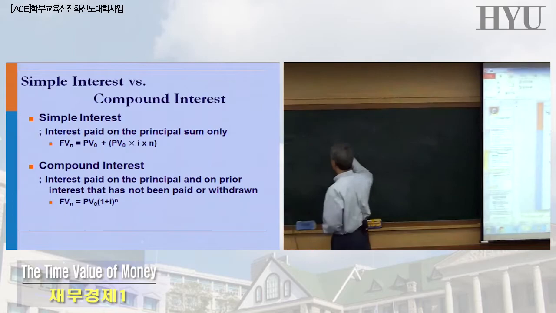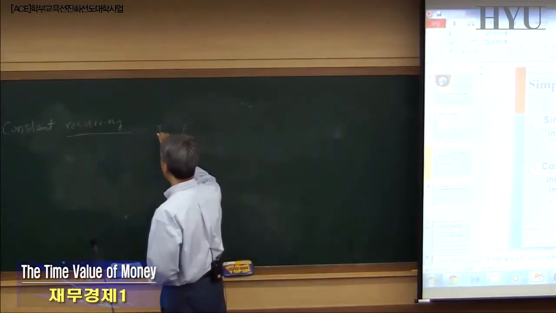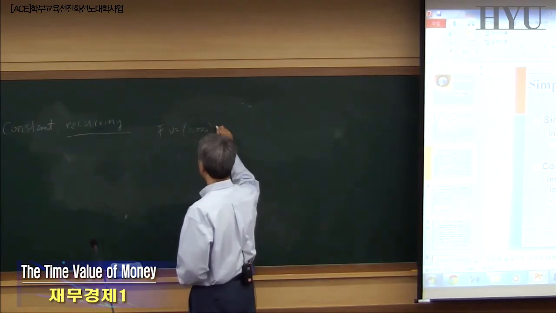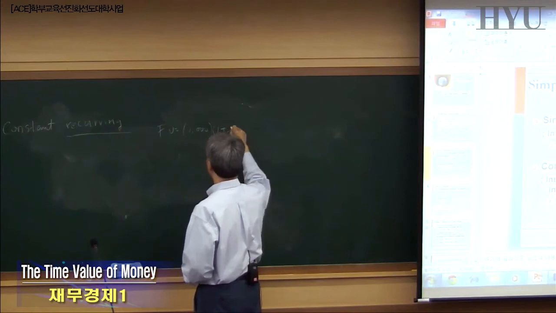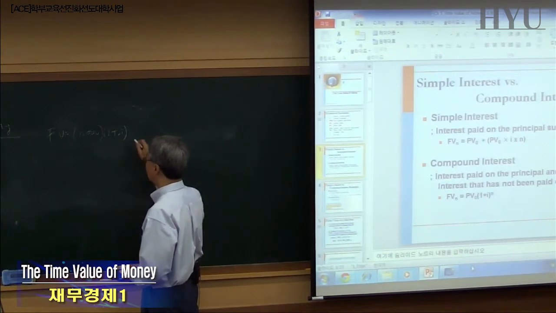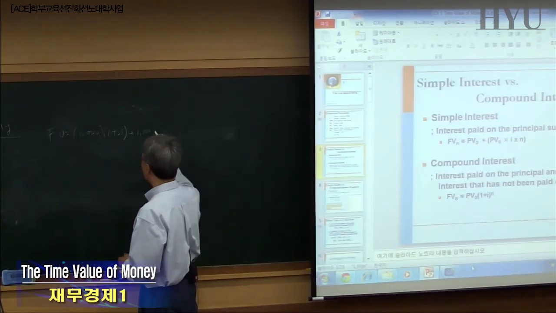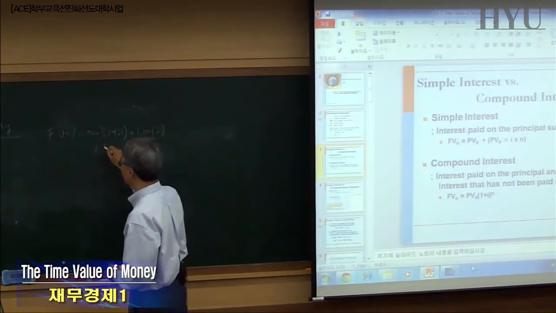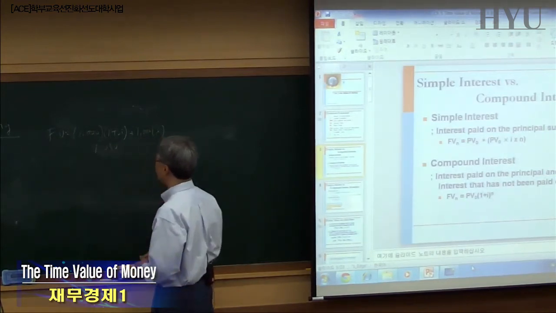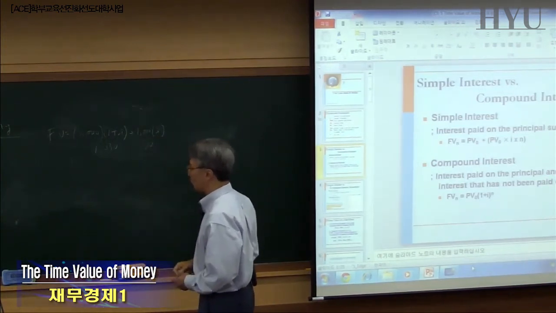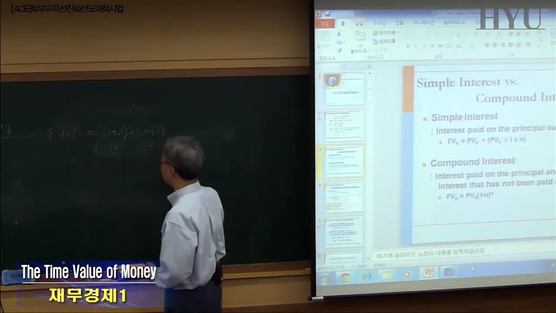In the simple interest case, the future value would be 1,000 times (1 plus I). In the second year, you are adding another 1,000 times I, and so on. So it's going to be $1,030, and you're going to earn $30 interest, no matter how many years you go, the same amount of interest every year.